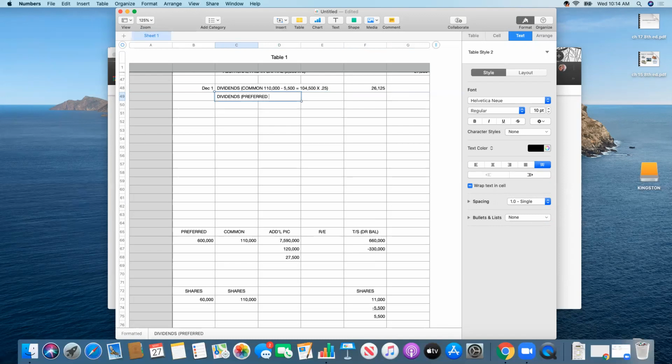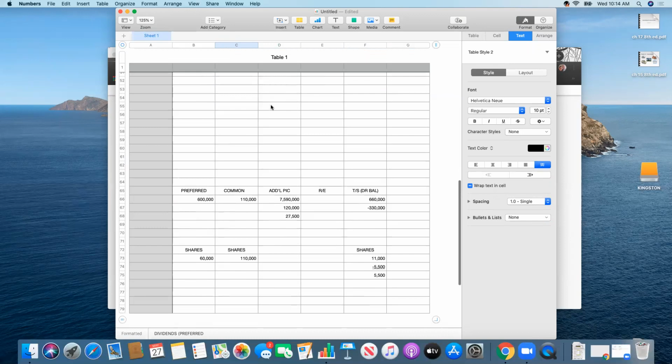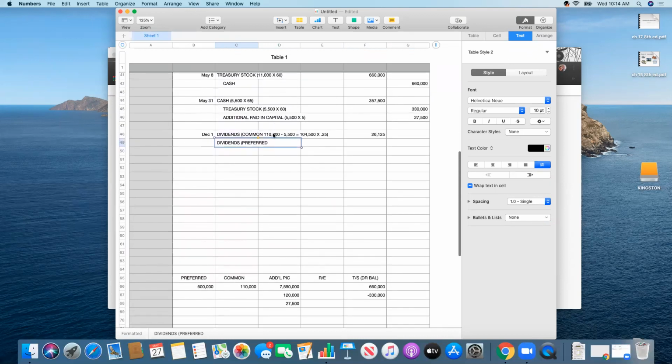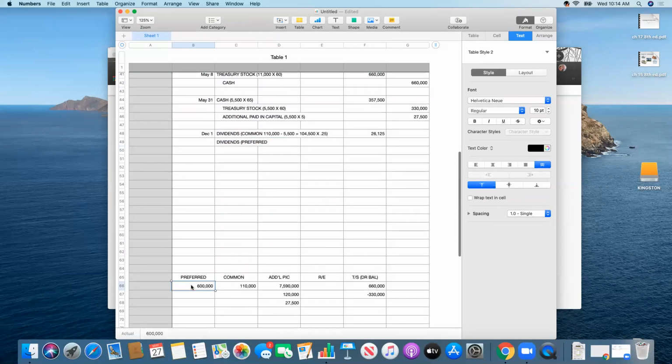Now, preferred, they gave you the number, 36,000, but you could calculate that number, right? If you go back, the par value of the preferred is 600,000, and the dividend is 6%, 0.06, 36,000.